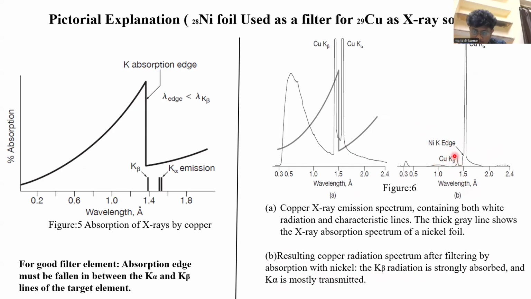The intensity of the copper K beta line decreases and the K alpha intensity is relatively increased. Basically, we get an almost monochromatic beam. Hence, for a good filter element, the foil absorption edge must fall between the K alpha and K beta lines of the target element.